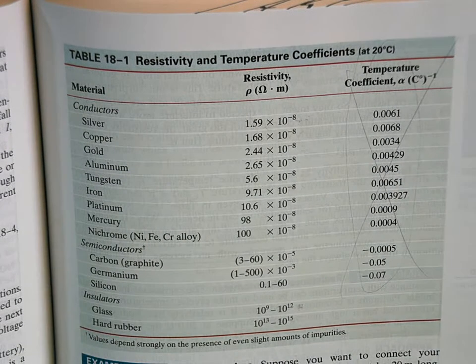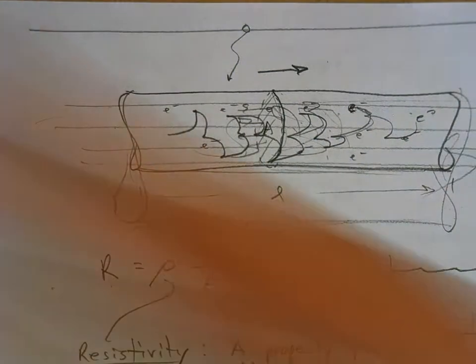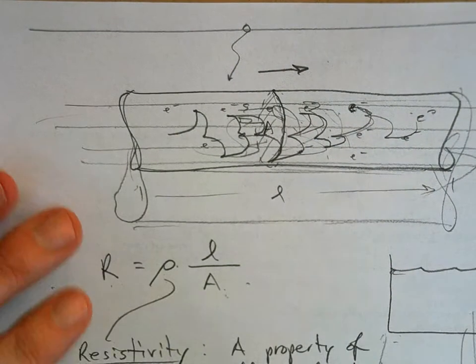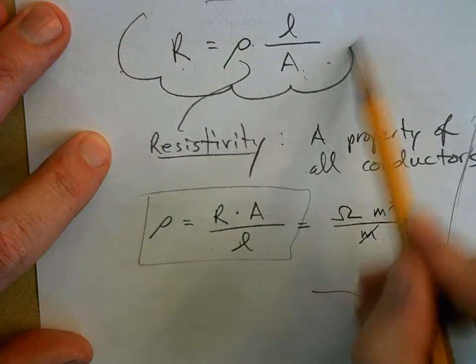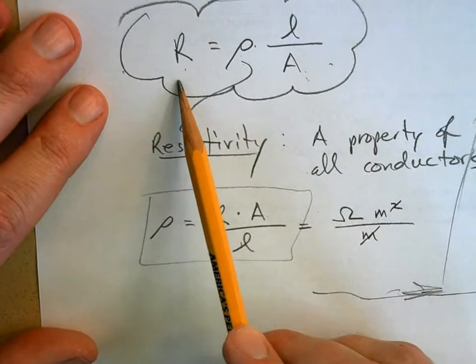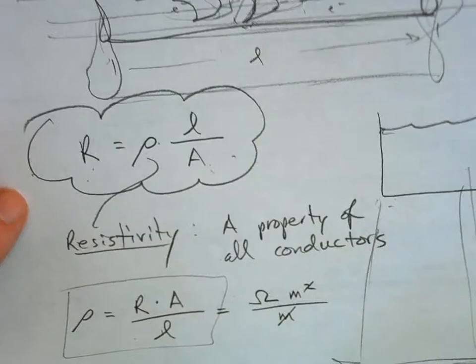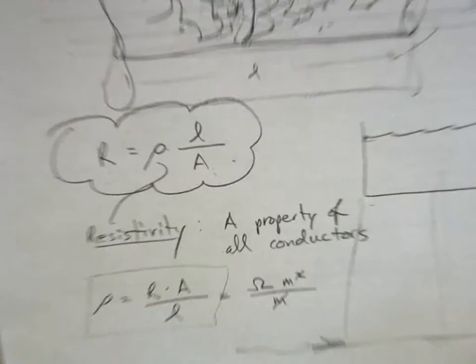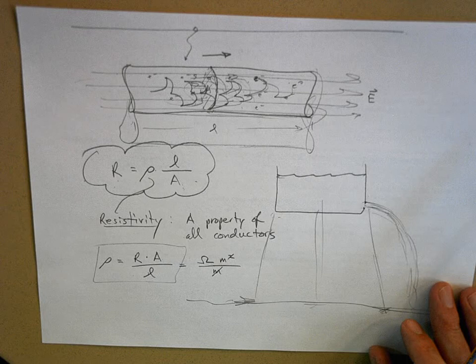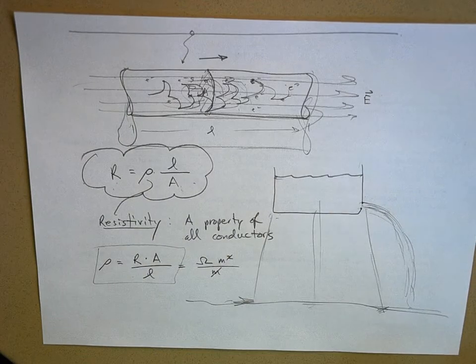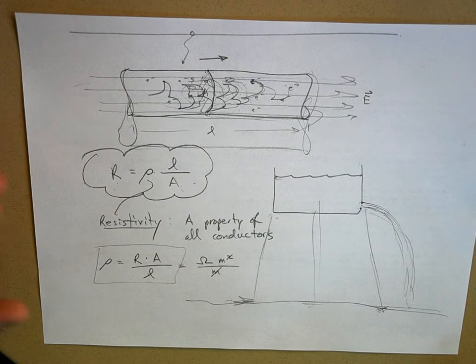So this is your basic equation right here. The resistance of a certain section of wire. The resistance of a wire depends on how long it is, or any material.